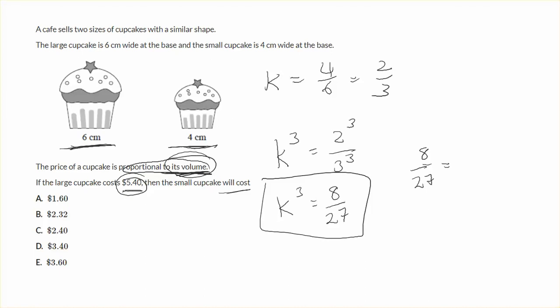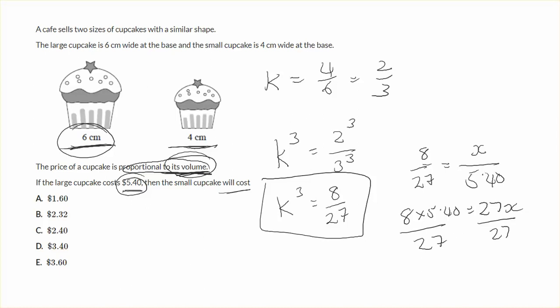So my large cupcake is 540 and I put my large width in the denominator. So I have to put my $5.40 in my denominator and my unknown price for the small one in the top. I cross multiply. 8 times 540 equals 27x. Divide by 27 on both sides. And x will equal $1.60. A.